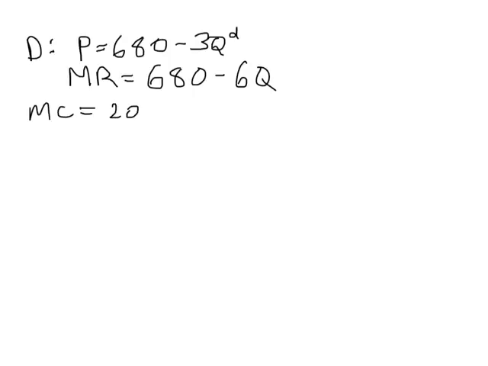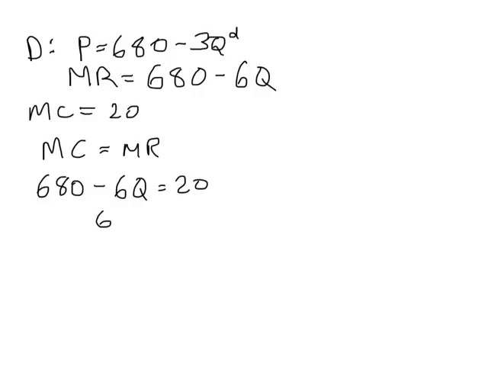All right, and then our output rule for the monopolist is marginal cost equals marginal revenue, and that means that 680 minus 6q is equal to 20. That means 6q is equal to 660, and q is equal to 110.